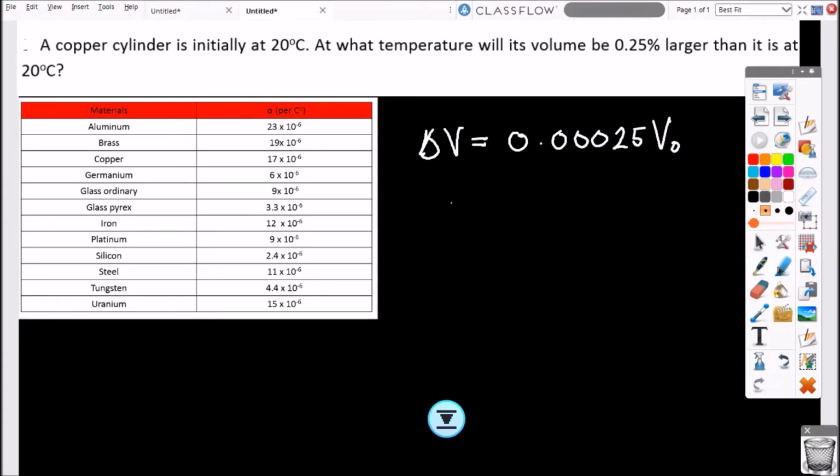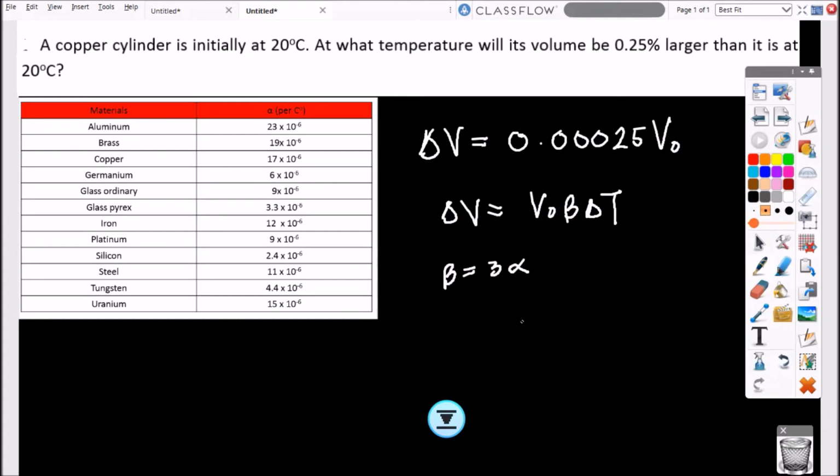Now we know that delta V is the initial volume V of O times beta delta T. All right, and the beta here is 3 times alpha. Right, and then what type of material is this? The cylinder is made of copper, and we know the alpha of copper, or the coefficient of linear thermal expansion of copper, is 17 times 10 to negative 6.